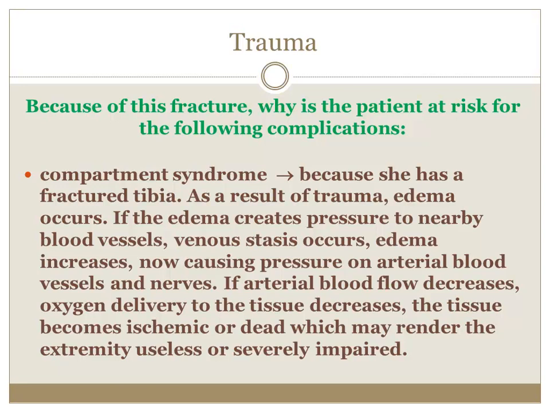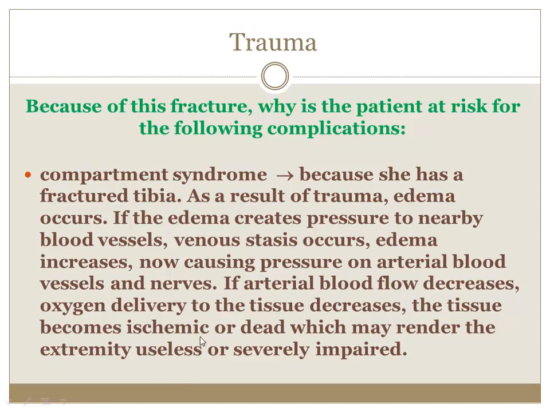And what happens is you add venous stasis plus the edema that is created. This will then cause pressure on the arterial blood vessels and the nerve. If arterial blood flow decreases, oxygen delivery to the tissues is going to decrease. The tissue becomes ischemic.